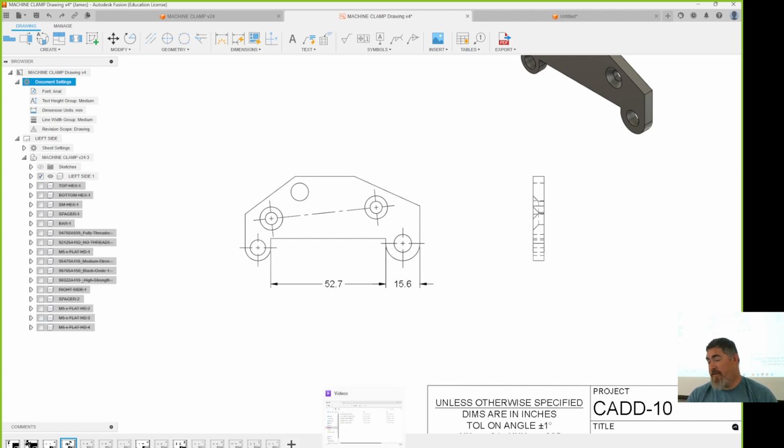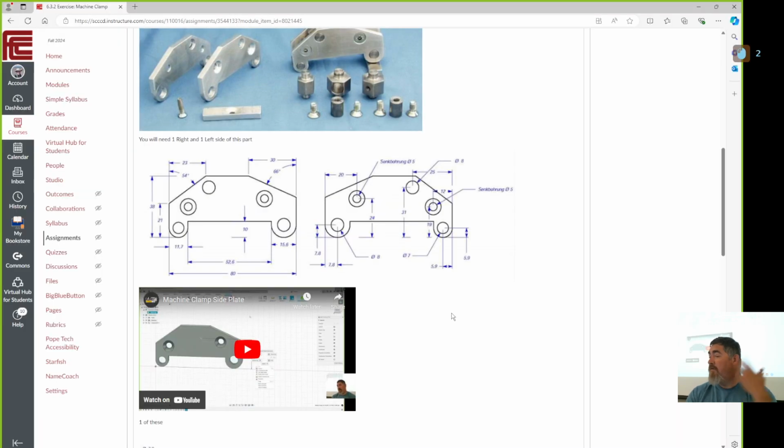And so also on this, just thinking about relationships, if these two things are related to each other, is dimensioning from the side, like opposite sides of the part, the best way? What happens if this part is made a little bit longer? And we're measuring from the sides in. Now those measurements move a little bit further apart, right?